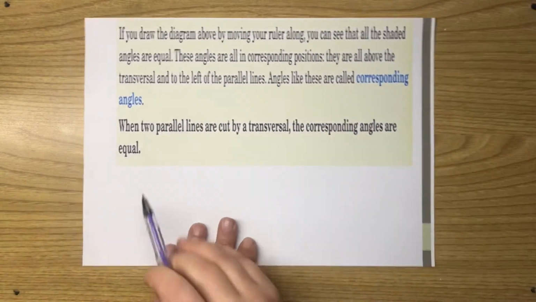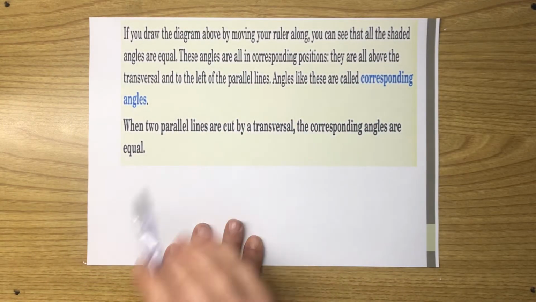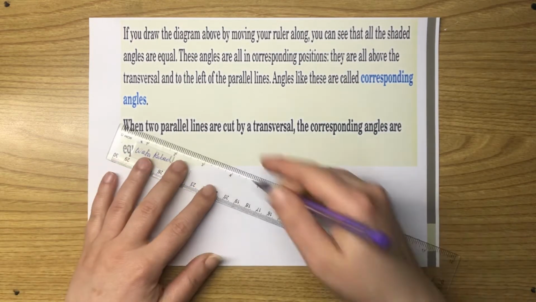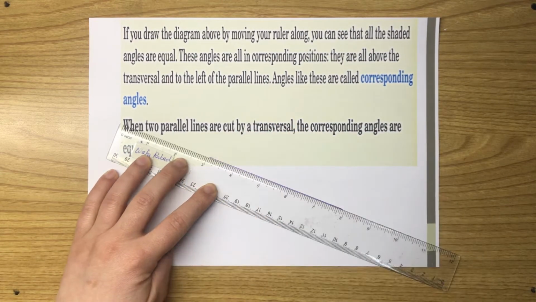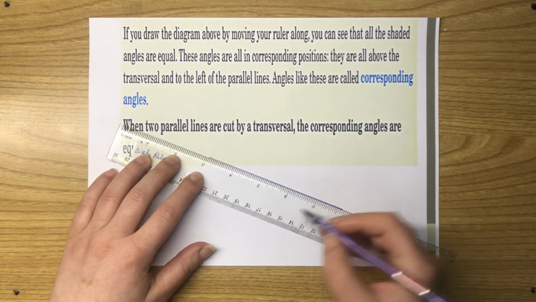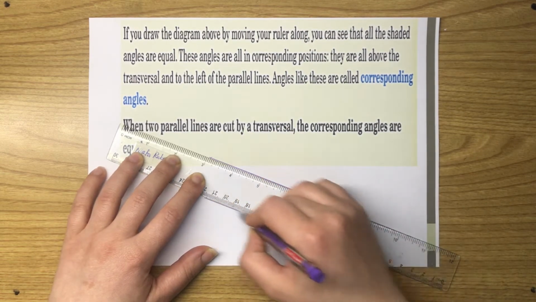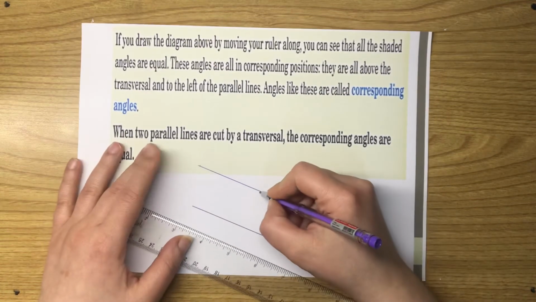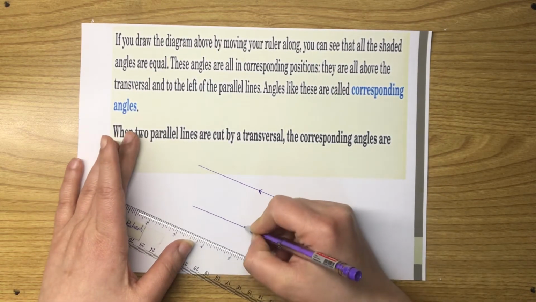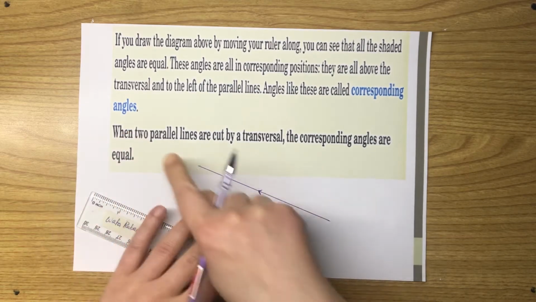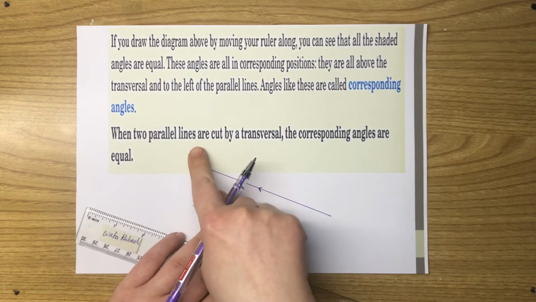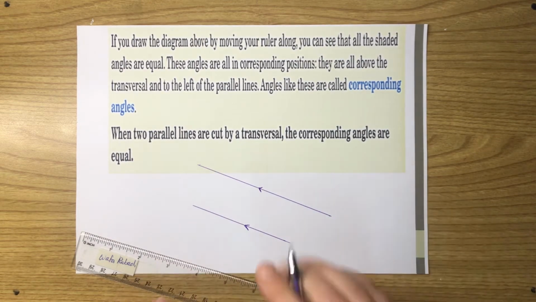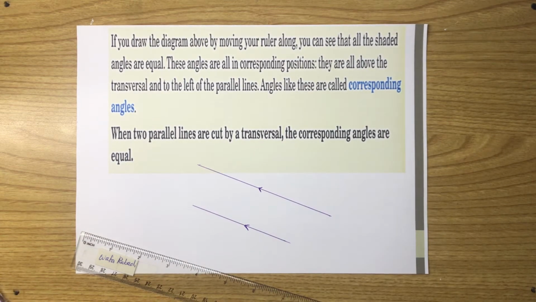So when two parallel lines are cut, let's draw it step by step. This is a parallel line, so I keep the same distance between them. I'm going to use both sides of this ruler. So these lines are parallel, and I'm going to put some arrows. Let's read it carefully. When parallel lines are cut by a transversal, that means they are cut by another line.